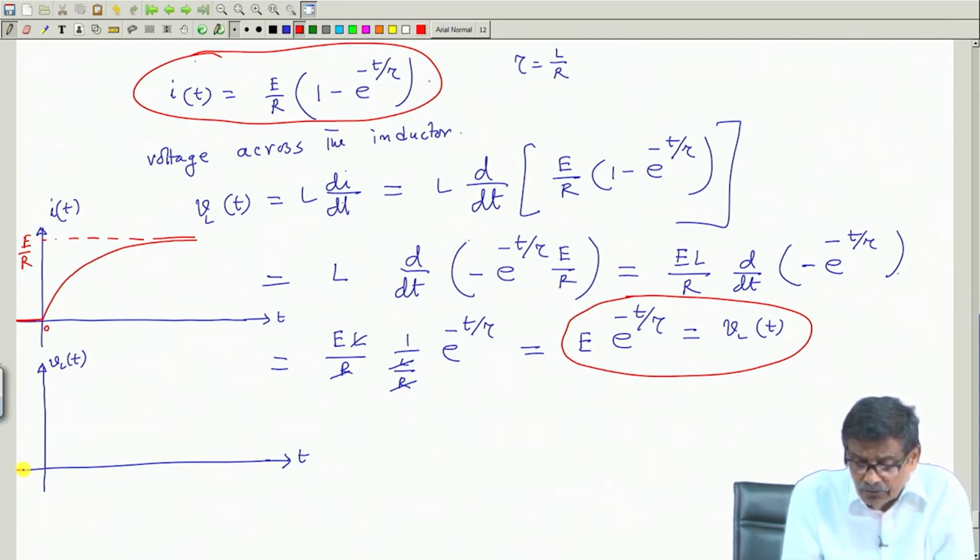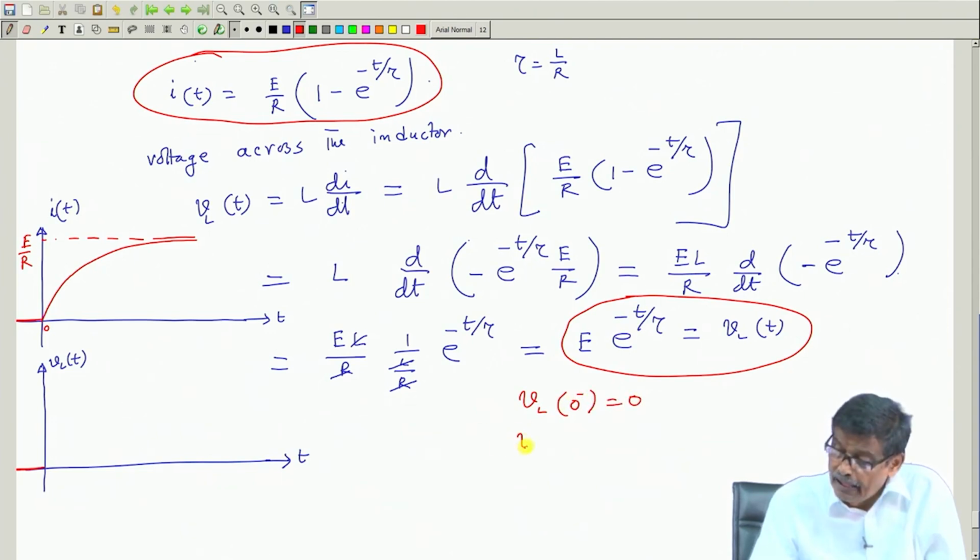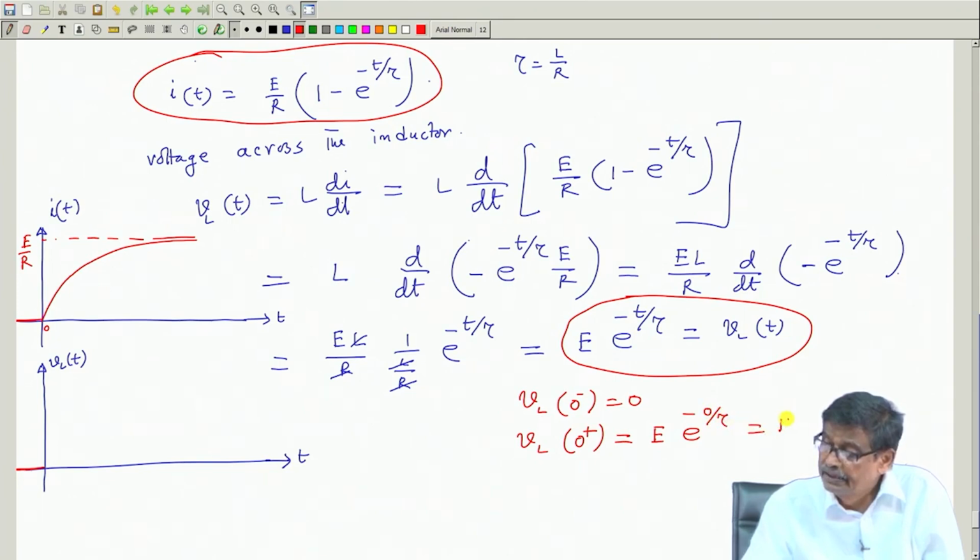Before that there was no current in the circuit, open circuit, so that was 0. But at t equal to 0 plus, put t equal to 0 here, the voltage will be E into e to the power minus 0 by tau, that is equal to E.